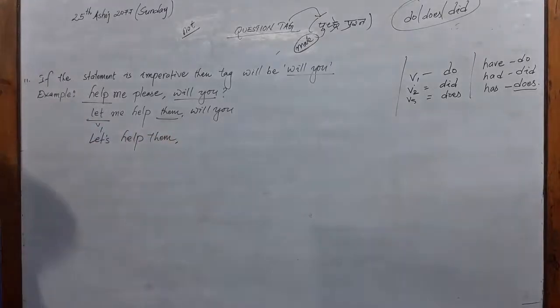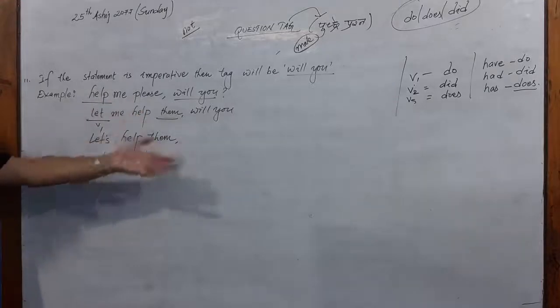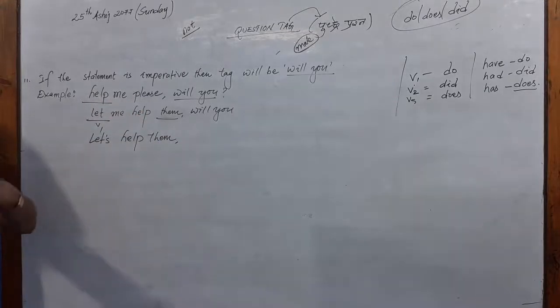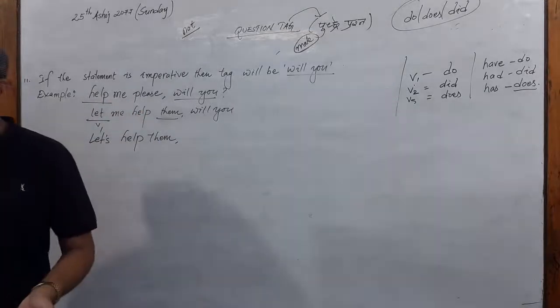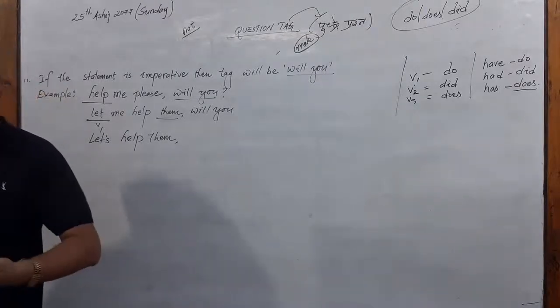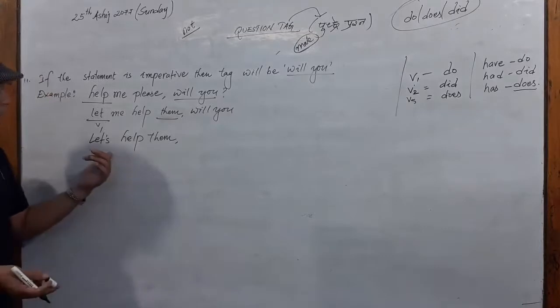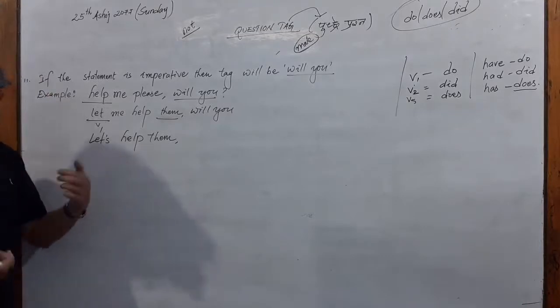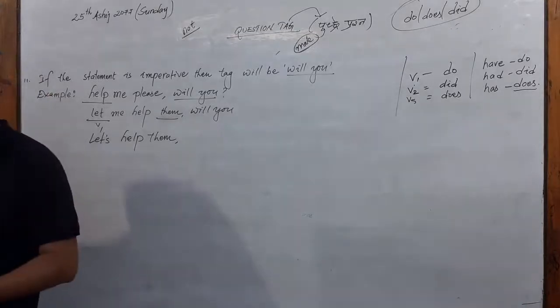It has another meaning. Let me help them means allow me to help them, whereas let's help them means we help them. Let's means I am there and you are also there.